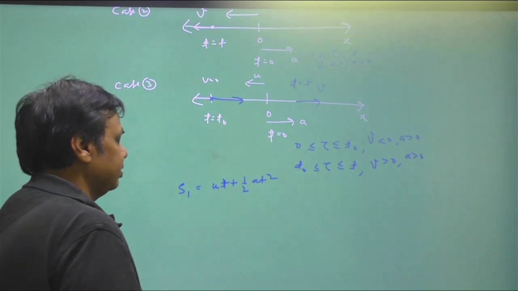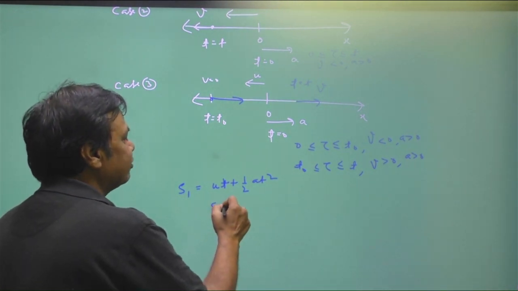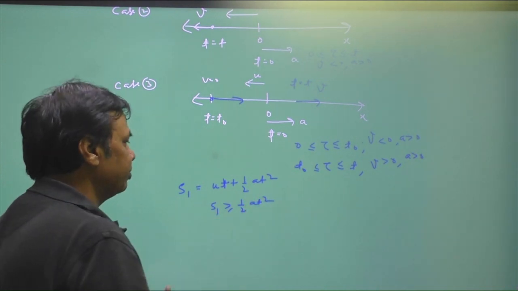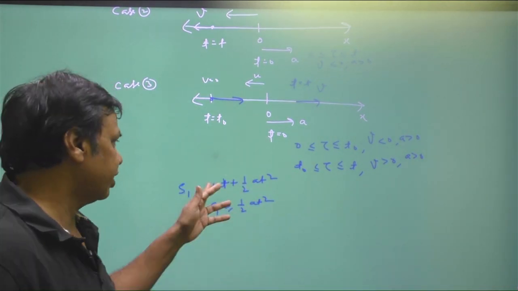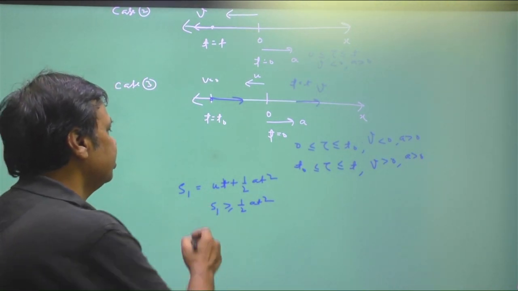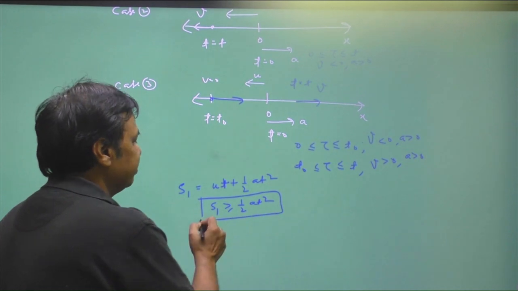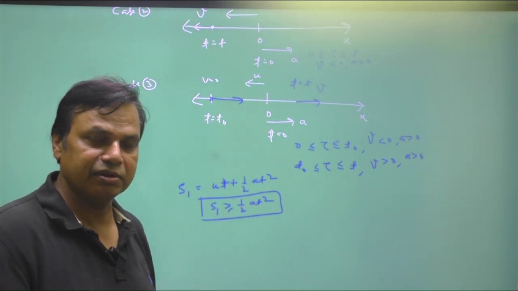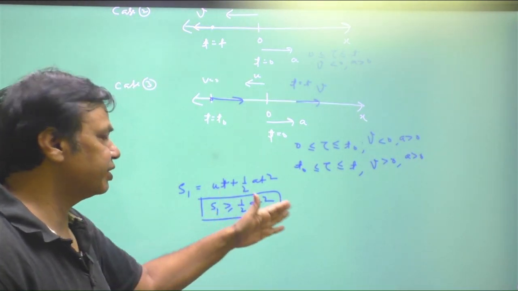And you can conclude that S1 is greater than or equal to half at square. S1 will be equal to half at square if u is equal to 0. So you should conclude this result from the first case, that the distance traveled in first case is greater than or equal to half at square.